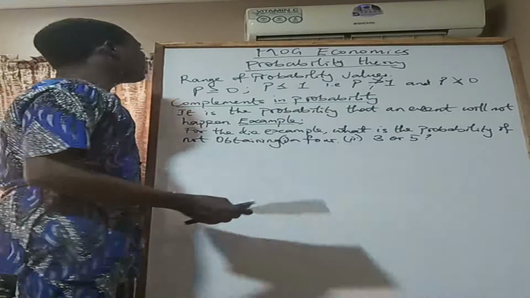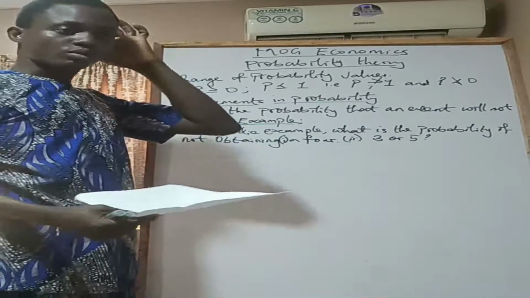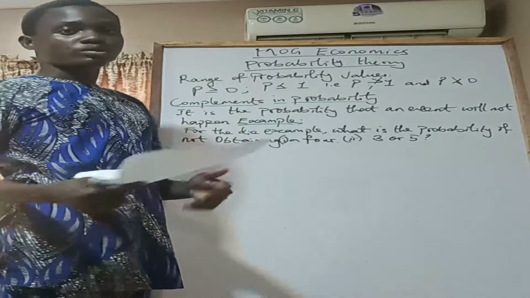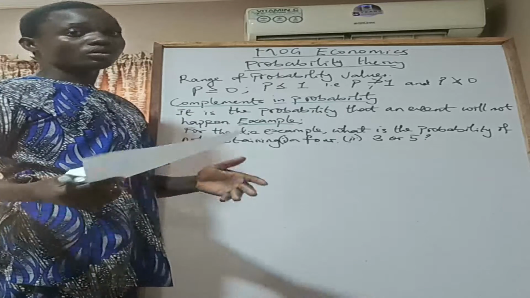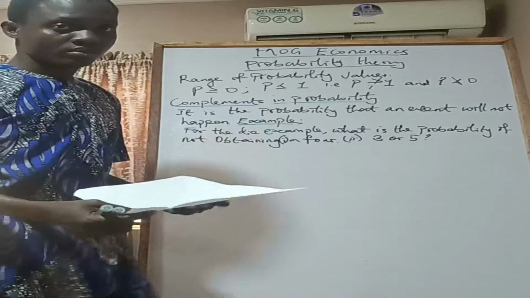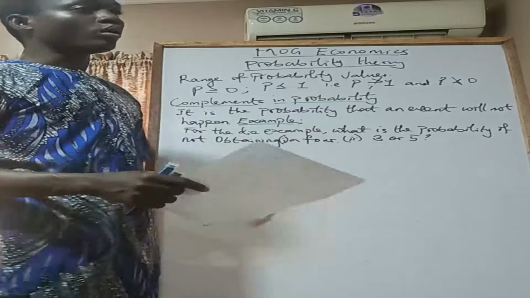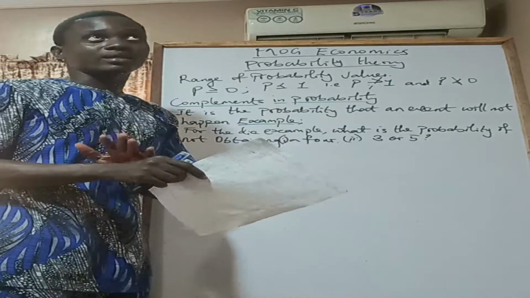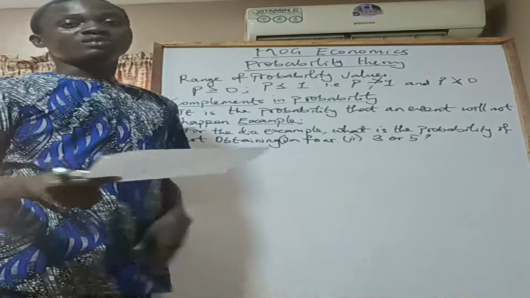Like I said earlier, the range of probability values: the value could be 0, could be 1, or could be a figure between 0 and 1. That lets you know that a probability value cannot be more than 1. The chance that an event is going to happen cannot be more than 100%. At best, it's 100%, which means it is certain to happen. The worst that can happen is that the event is not going to happen at all, which gives you 0%.